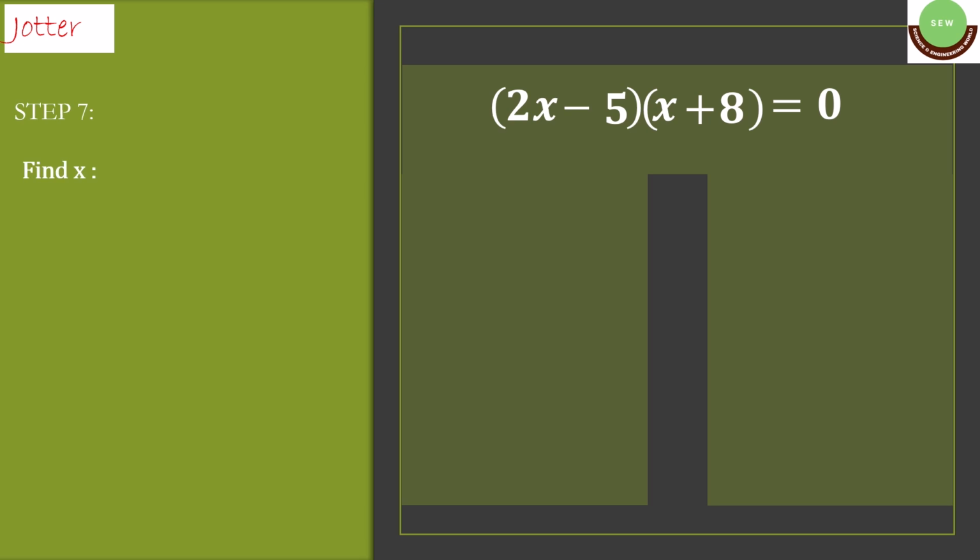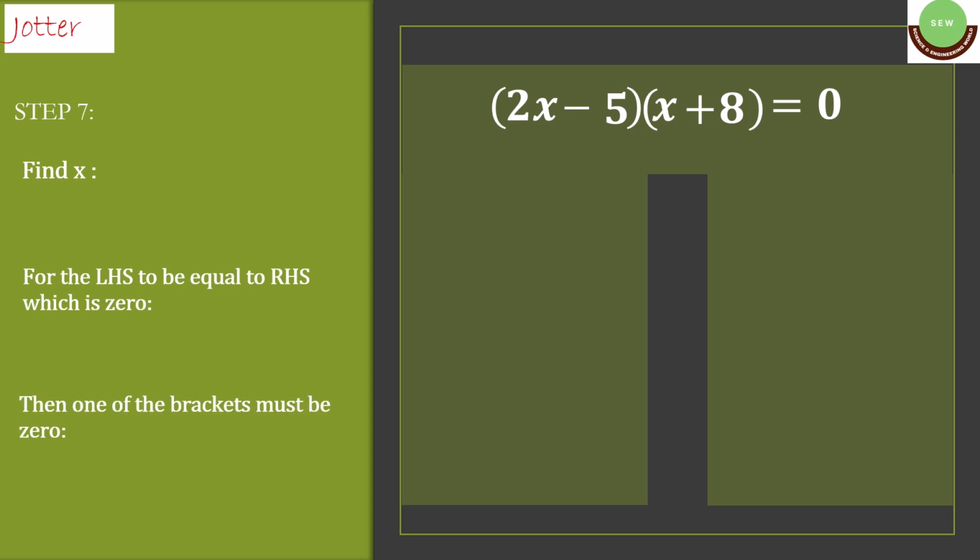Here the left hand side is (2x minus 5) into (x plus 8). This must be 0 for the equation to be correct, and so one of the brackets has to be 0. It means 2x minus 5 must be 0, or x plus 8 must be 0.